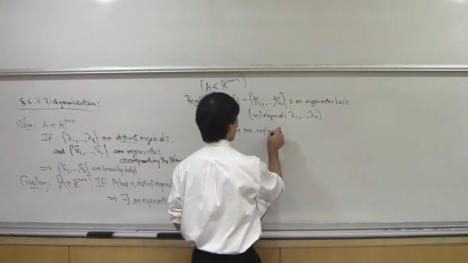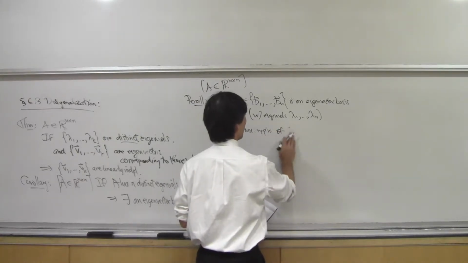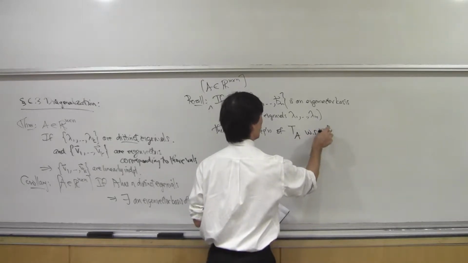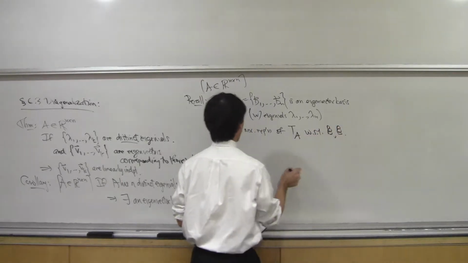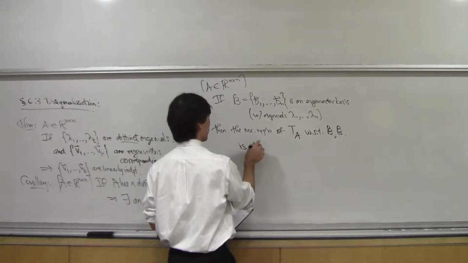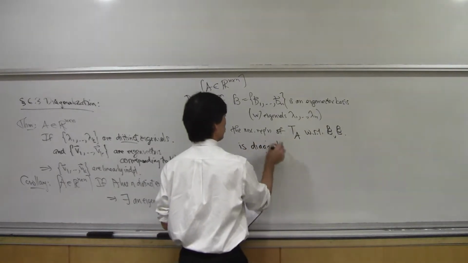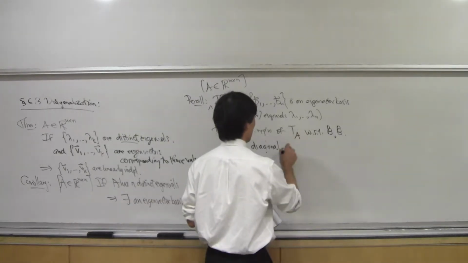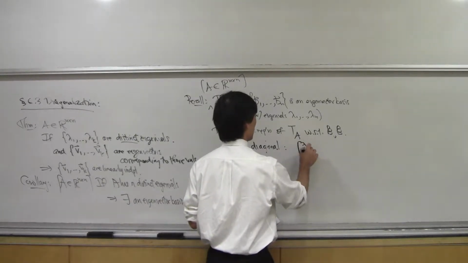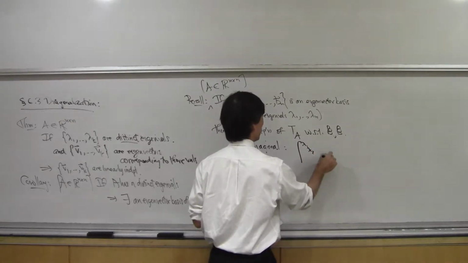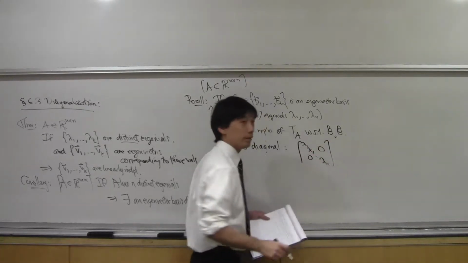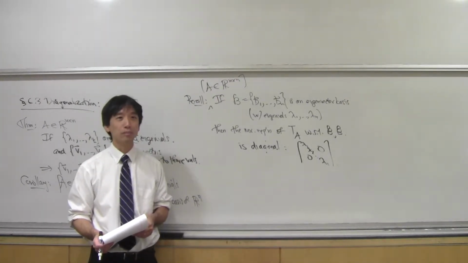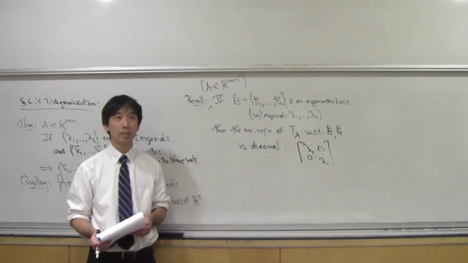The matrix representation of A, or more properly of T sub A, with respect to B on both sides, is diagonal. It looks like lambda 1, lambda 2, lambda n, with the eigenvalues down the diagonal.